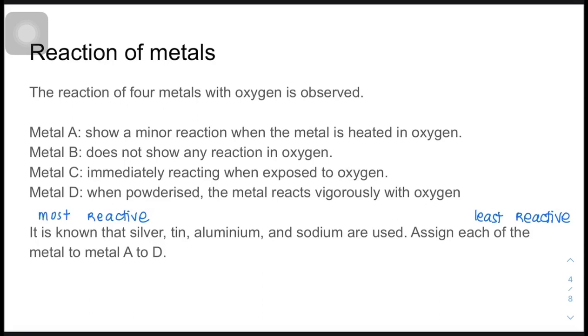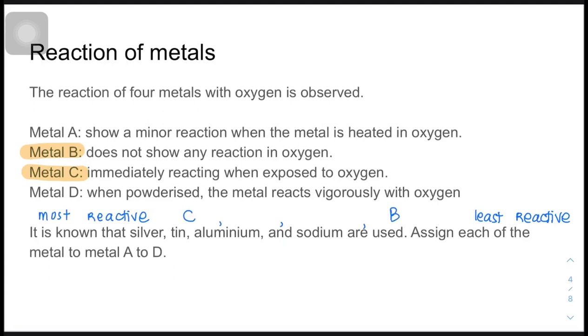We know that based on the information, obviously, metal C is the most reactive as it reacts immediately when exposed. And metal B is the least reactive. So the order is C, and then the last one is B.